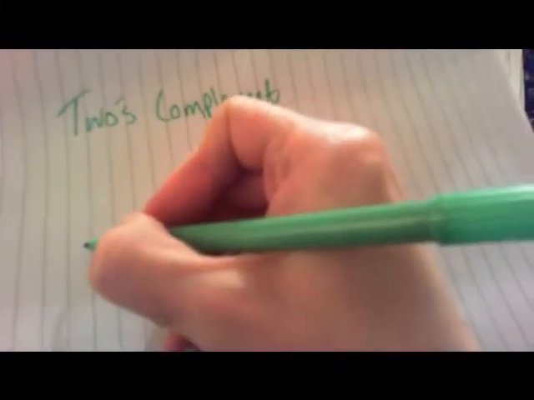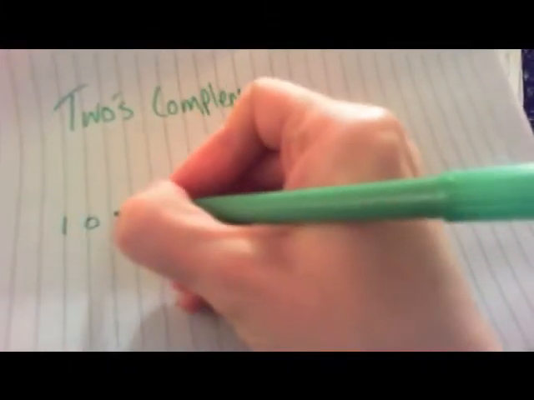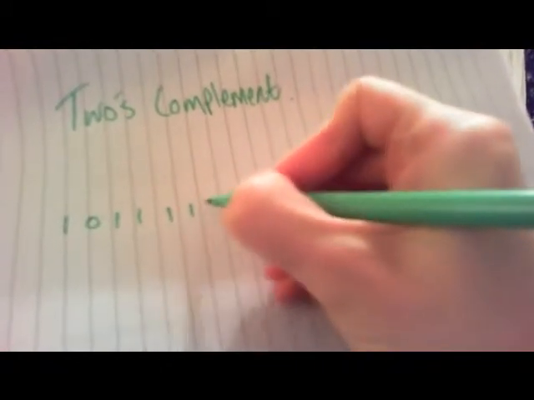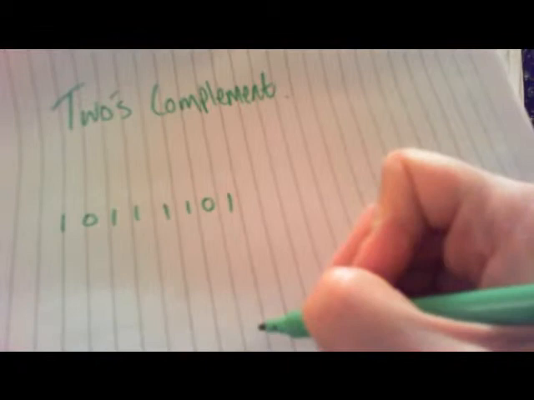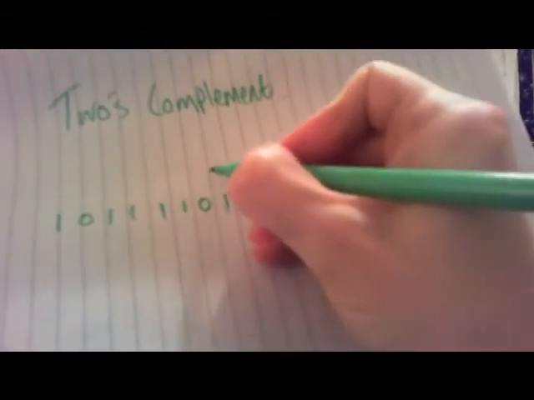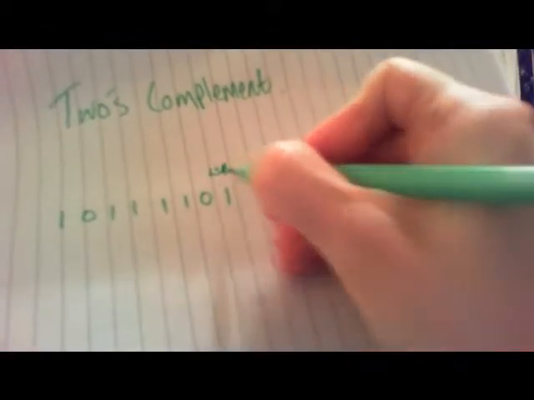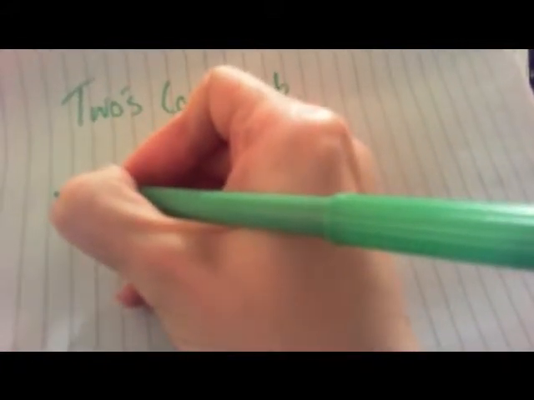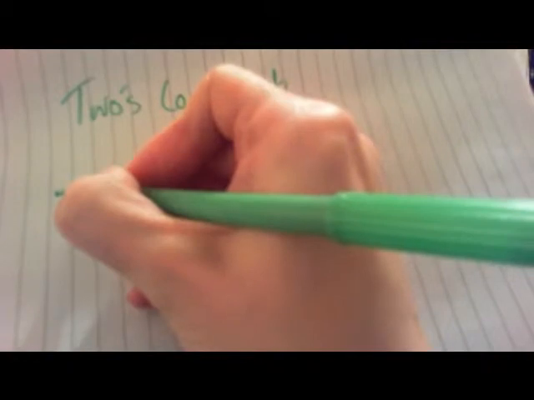So if I've got this number here, 1, 0, 1, 1, 1, 1, 0, 1. Now, this one here, that is the least significant bit, the one to the far right. The most significant bit is the one to the left.